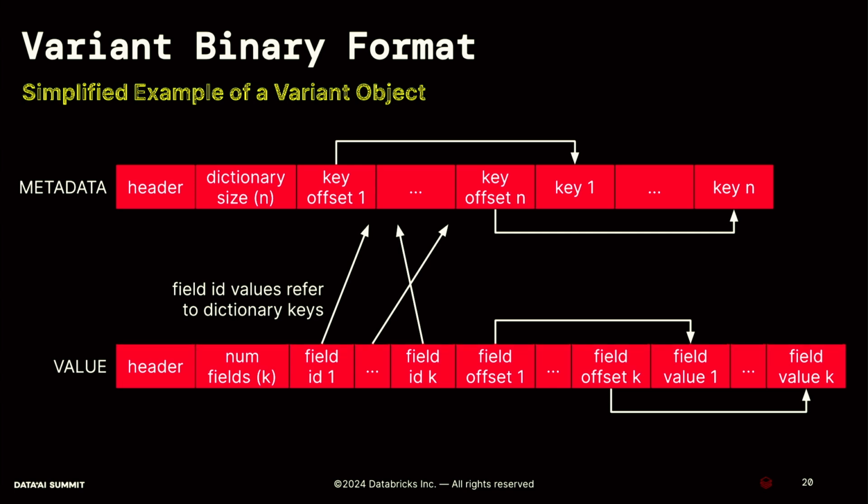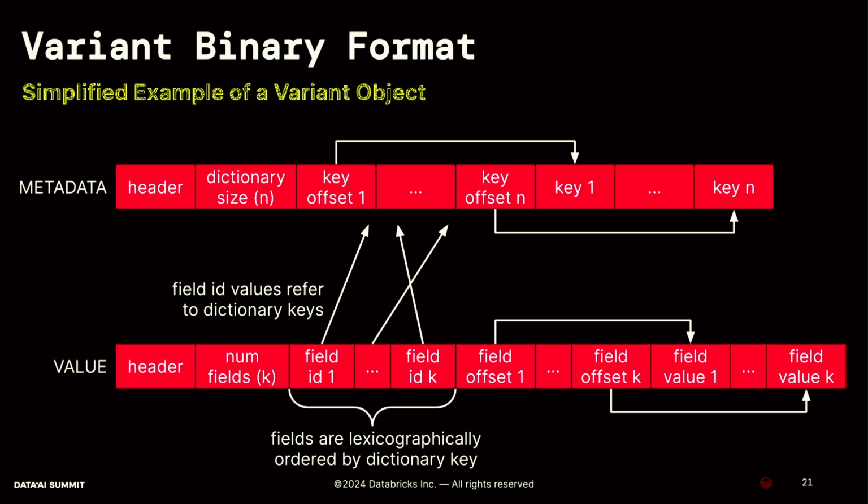The offset list is parallel to the ID list, meaning that the two elements at the same index belong to the same field. For example, both field ID 1 and field offset 1 belong to field 1. The fields are lexicographically ordered by the field names. This is to enable a binary search over the fields and enhance path navigation, and we will explain it in a later section.